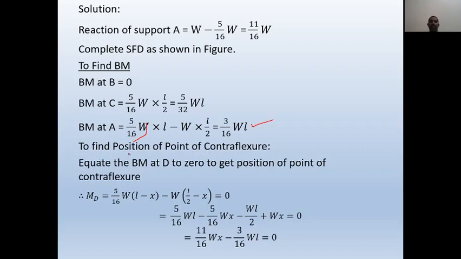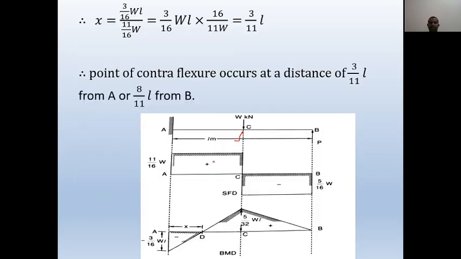Okay, and to find the position of the point of contraflexure, let us recall what a point of contraflexure is. It is a point where bending moment is exactly 0 or curvature changes.